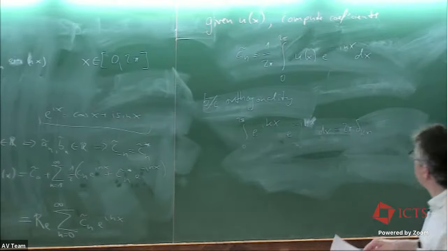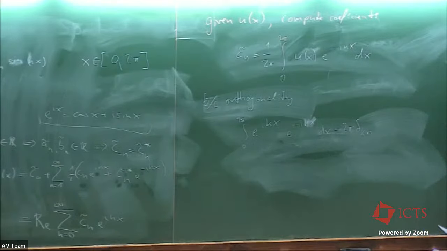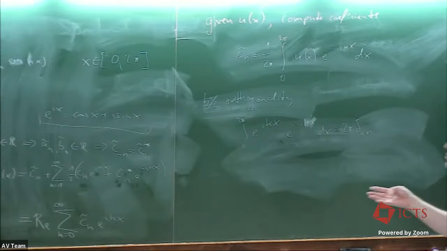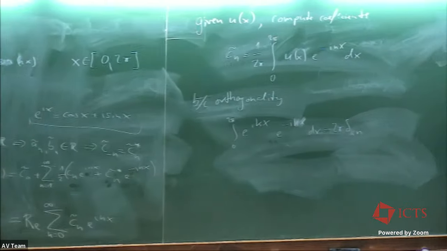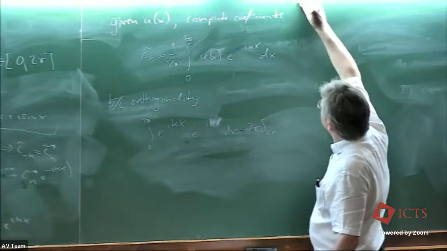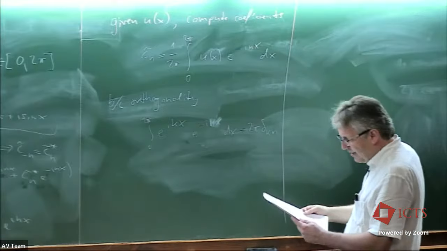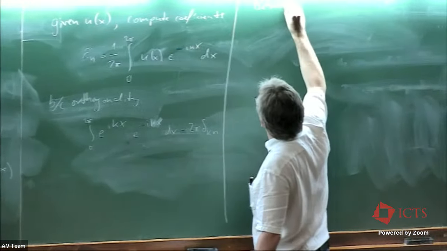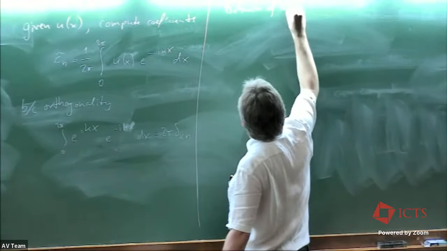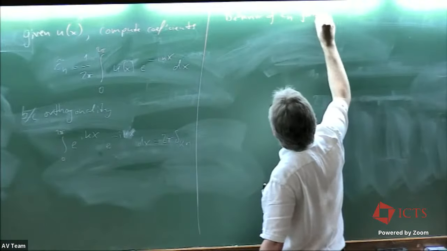And now comes an important calculation that will point us towards why this whole approach here, expansion in basis functions, and especially Fourier series right now for periodic functions, are so immensely powerful. So let's see. Namely, we are talking about the behavior of our coefficients for large n.